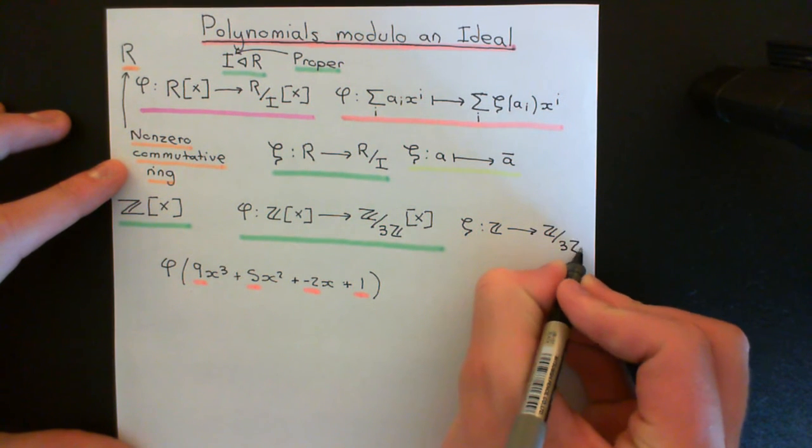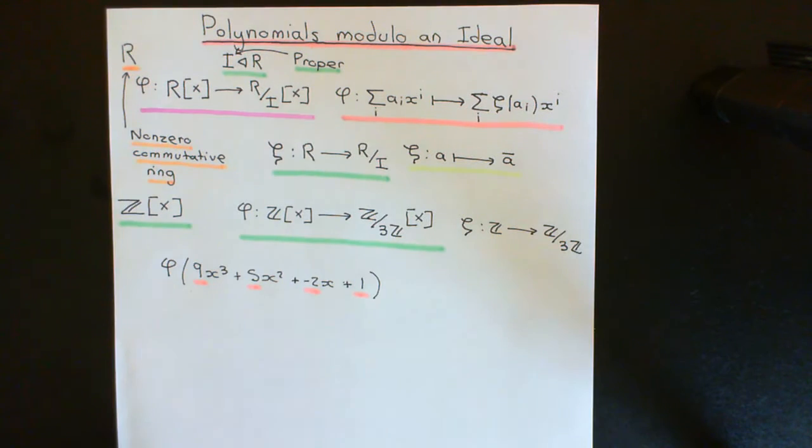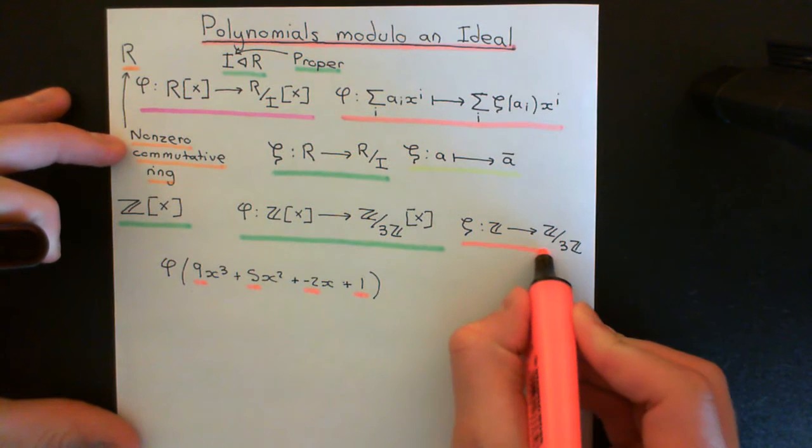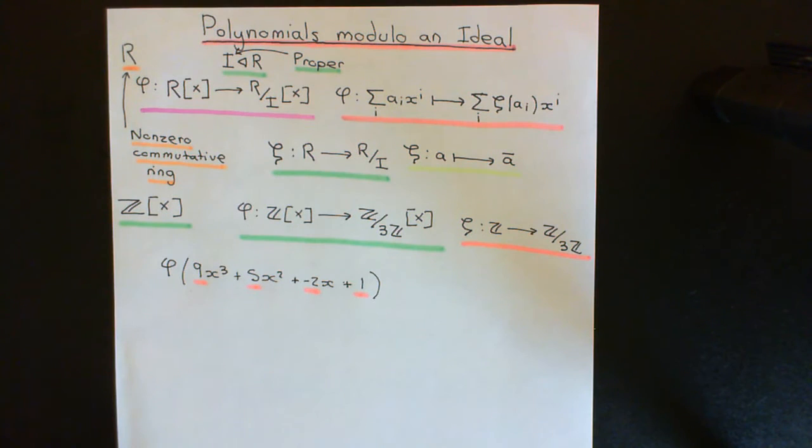So we just need to map all of the coefficients into what they would be modulo 3Z here. So how is this going to work then? Firstly, let's start off with this coefficient in front of x to the power of 3 here, the leading coefficient. So 9.